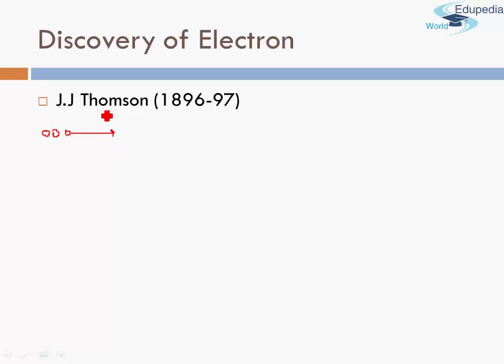So J.J. Thomson proved that cathode rays are nothing but a stream of negatively charged particles. These particles now we know as electrons. So J.J. Thomson proved that cathode rays are nothing but a stream of electrons, traveling from cathode towards anode end.